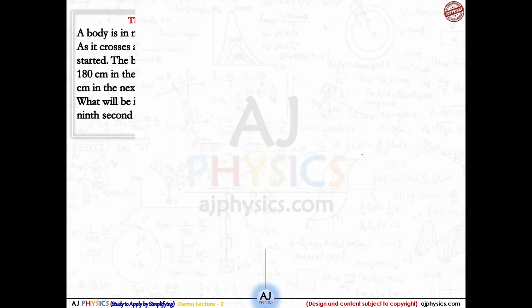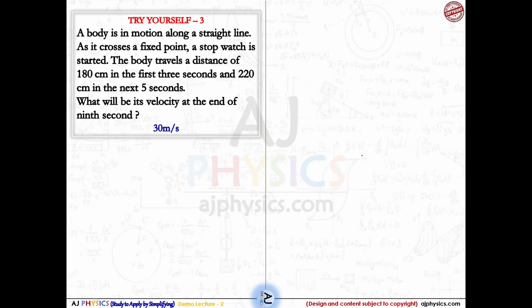Alright, now just by discussing these basics related with motion, let's get over to some unsolved problems here. Now this is related with the basic three equations of motion, but the same thing which I told you earlier, u and a will not be mentioned. You have to solve it yourself. So let's try to discuss this.